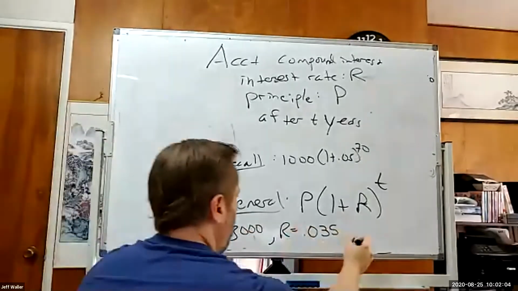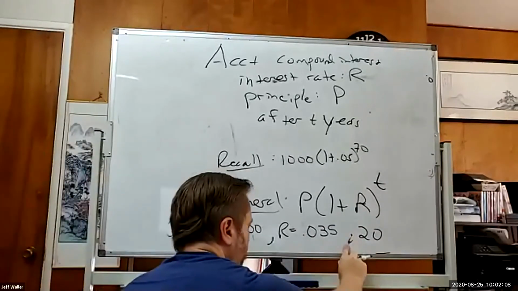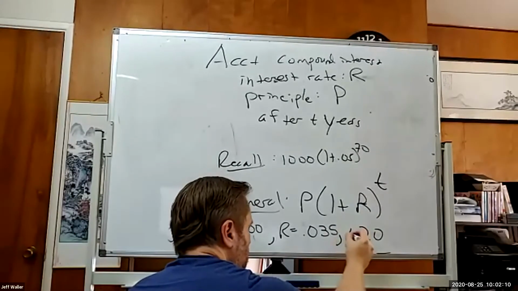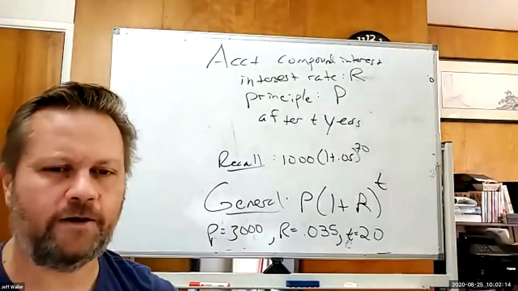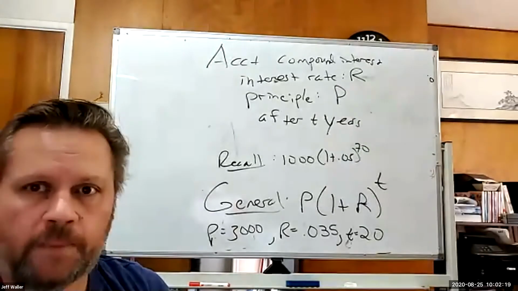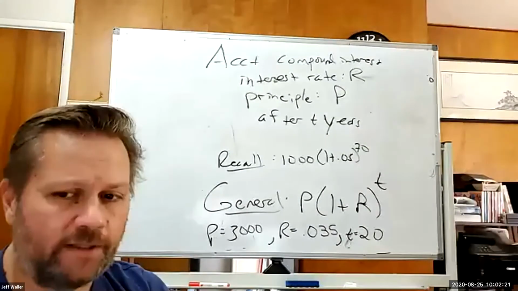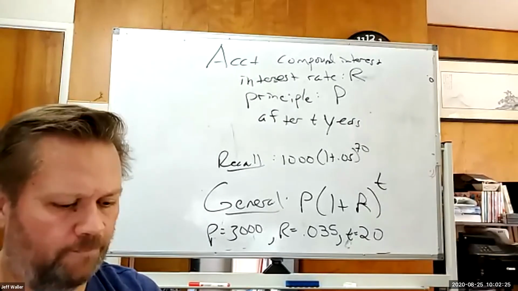And let's say, what would I have after 20 years? Try to figure that out. So T is 20. Try to put that together and figure that out. And again, the brain doesn't really latch on to this easily. So it's really difficult to estimate what it's going to be.